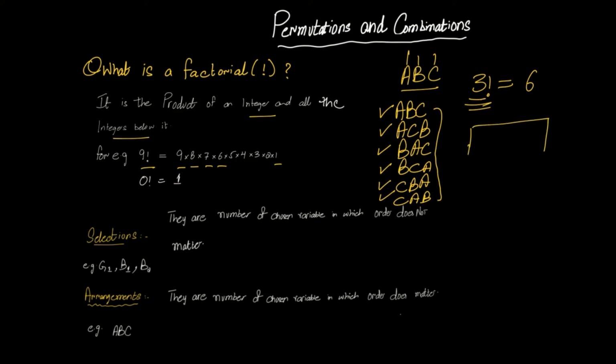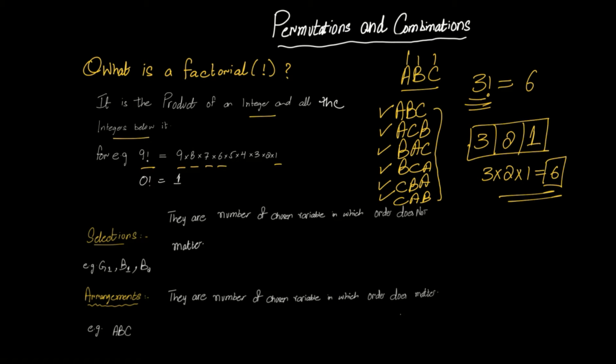In the first, any of the 3 can fit, either A or B or C. In the second, the remaining 2, and in the last, the last one can fit. So 3 into 2 into 1 gives us 6 outcomes. This is how we determine the total number of outcomes using factorial.